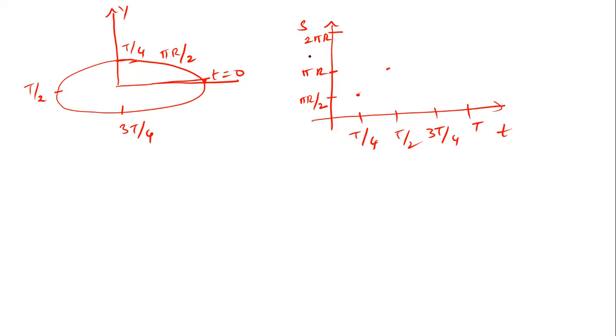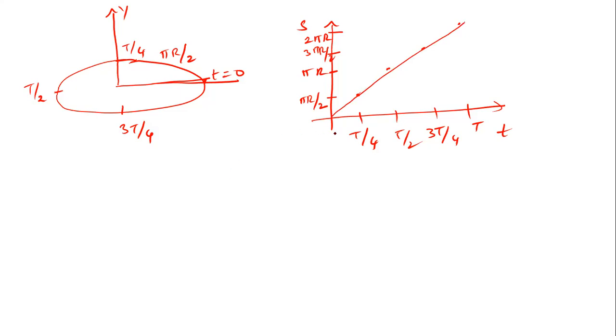The third point will be 3 pi r by 2, and the fourth, 4 pi r by 2, will be here. Now, the speed at any instant should be a constant, which means I should get a straight line like this. Correct?